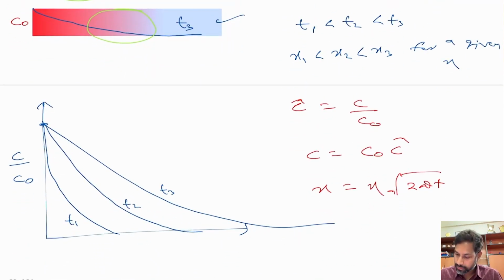So for a particular t, if you are able to define different x values for different eta, that will give you the dimensional concentration at different x locations. All right, and now we are going to see this problem in the case of dispersion and also two-dimensional flow.